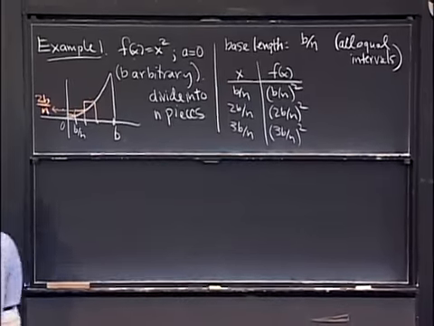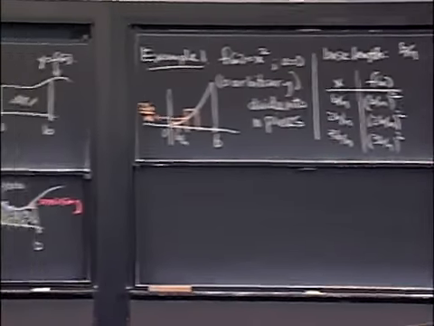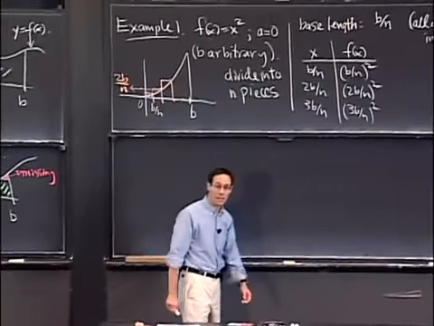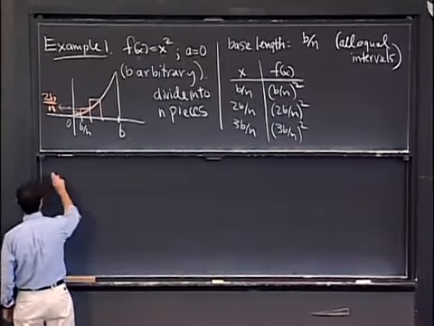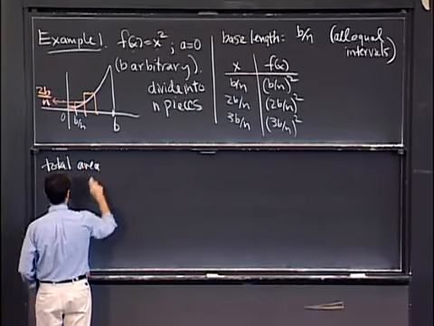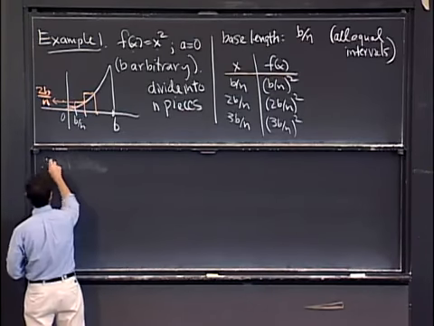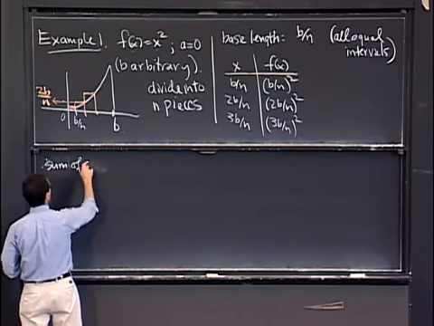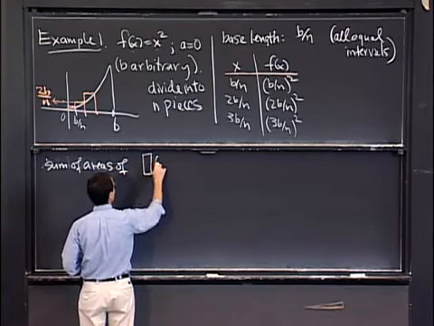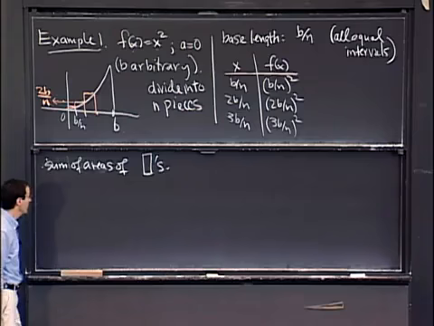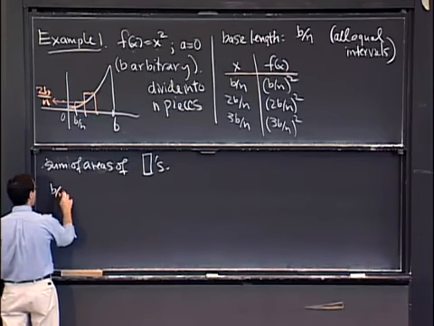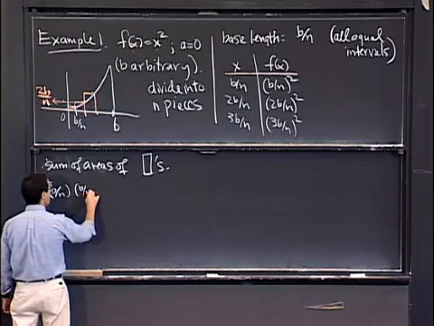Well, my next job is to add up these areas. And I've already prepared that by finding out what the base and the height is. So the total area, or the sum of the areas, let's say, of these rectangles is, well, the first one is b over n times b over n squared.